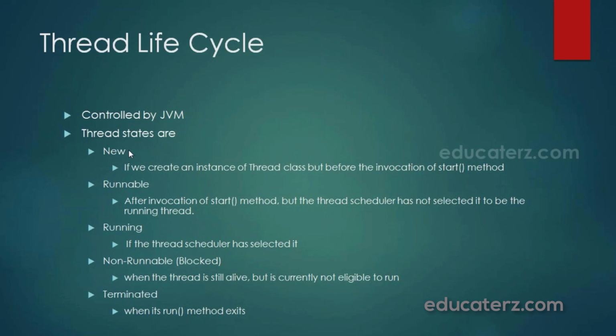The new state is when we create an instance of a thread class, but before invocation of the start method, the thread is in the new state. After invocation of the start method, the thread enters the runnable state, but here the thread scheduler has not selected it to be the running thread. If the thread scheduler selects it to be the running thread, then it enters the running state.